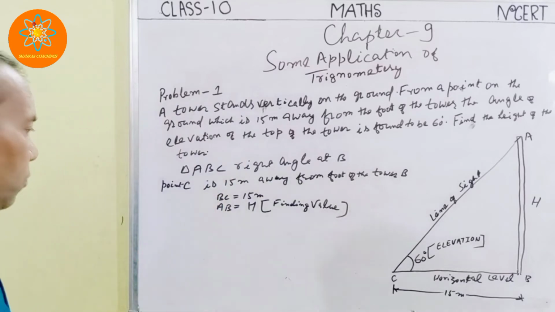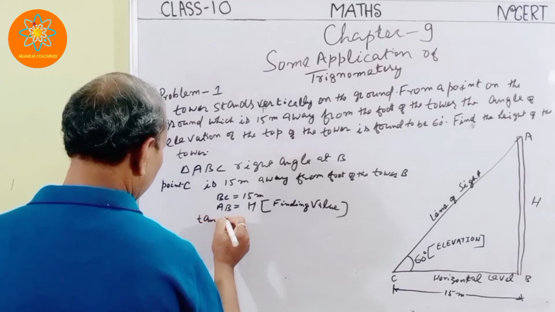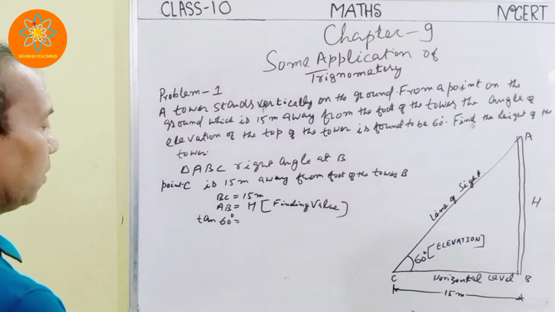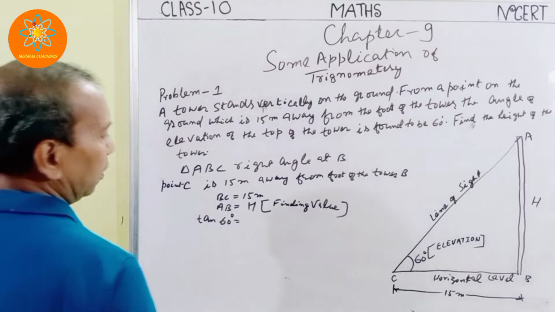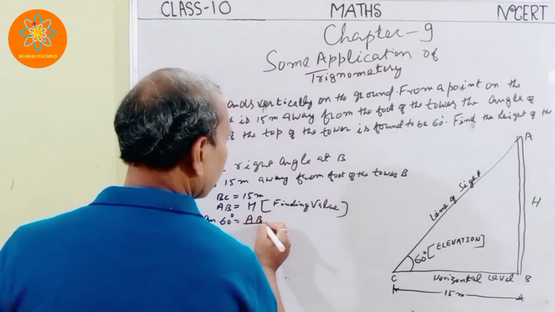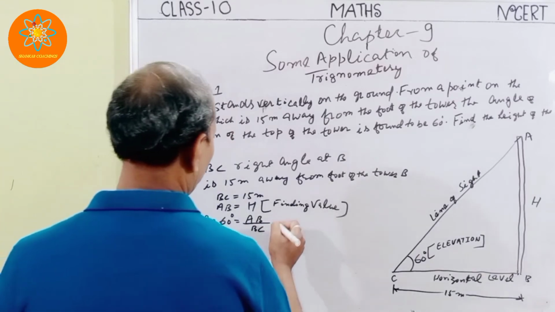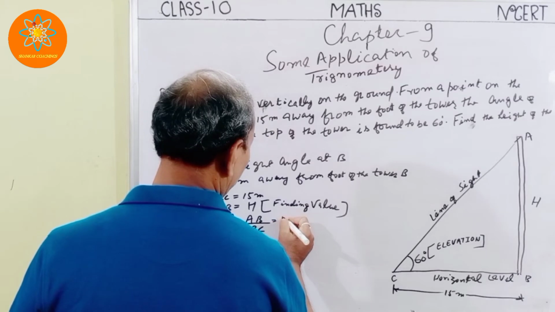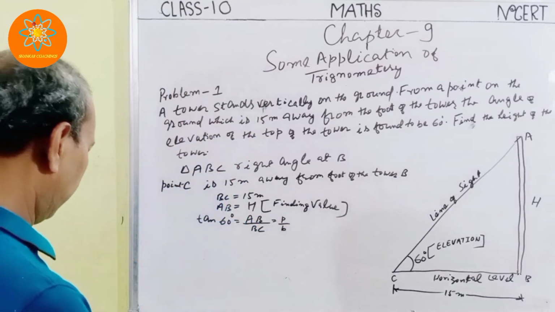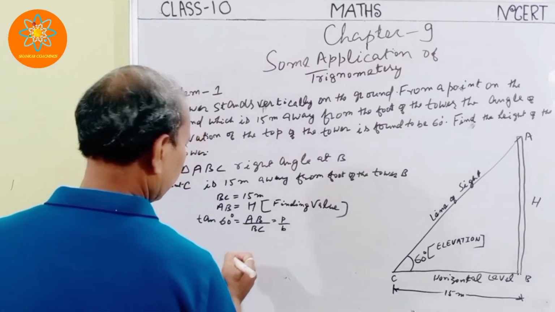Okay. So tan of 60 degree is equal to how much? It is your AB by BC. This is equal to perpendicular by base. Now we will put the values.